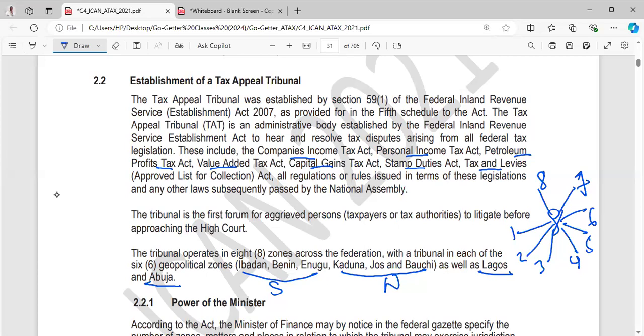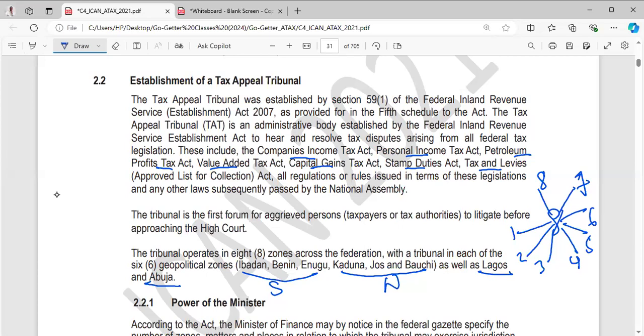If we have people in Delta State, Edo State, Rivers State, Bayelsa State, Akwa Ibom State, any of them that has an issue that needs to be settled by the tax appeal tribunal, they will come to Benin. If there are people in Ogun State, Oyo State, Osun State, I think Kwara State is there, and all the southwest, they will come to Ibadan.